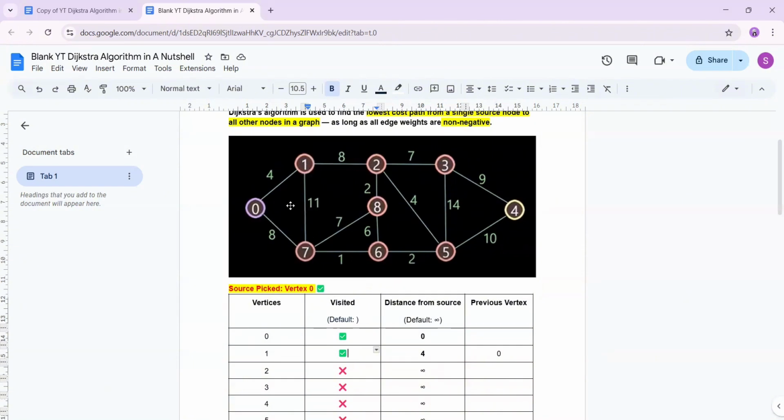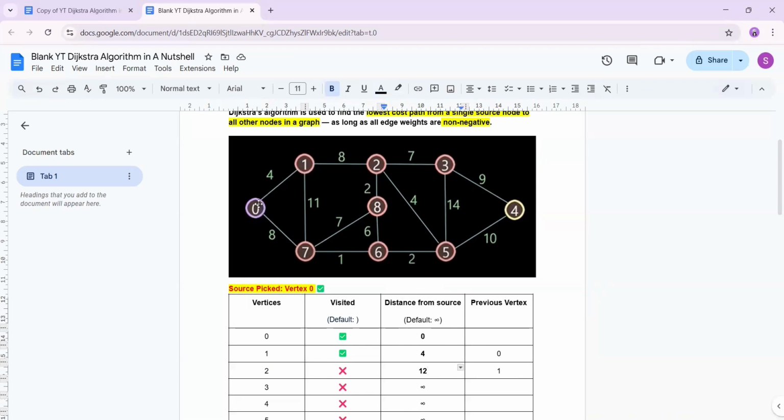Again, before we decide, we will write down the values here. Remember, for 0 to 2, we need to take into account the distance from 0 as well. So 4 plus 8 is 12. Our previous vertex here is 1, and the distance from source is 12.